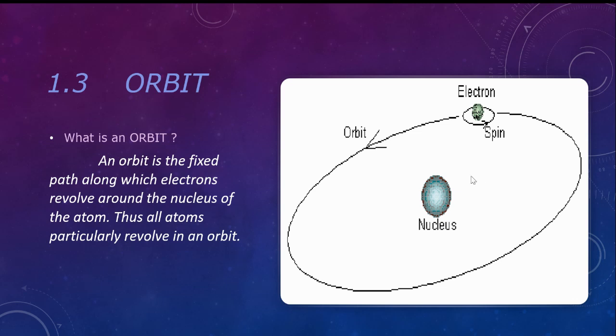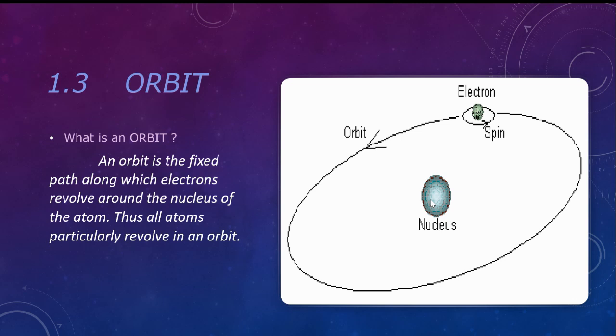Like how the nucleus can be compared with the sun, and around the sun the planets are revolving, around the nucleus the electrons are revolving. So that's the definition Bohr gave for the orbit. He says that around the nucleus there are concentric rings or paths which he named as orbits or shells.